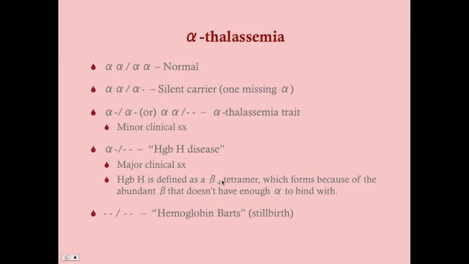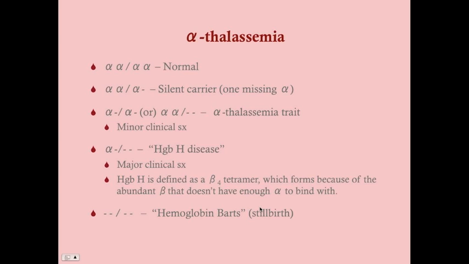Because we have so little alpha production that beta globins can get together and form globins of 4 betas rather than 2 alphas and 2 betas that we would see in hemoglobin A. So 4 betas together is called hemoglobin H. And so that's why we call this hemoglobin H disease. And so we have abundant beta that doesn't have enough alpha to bind with.